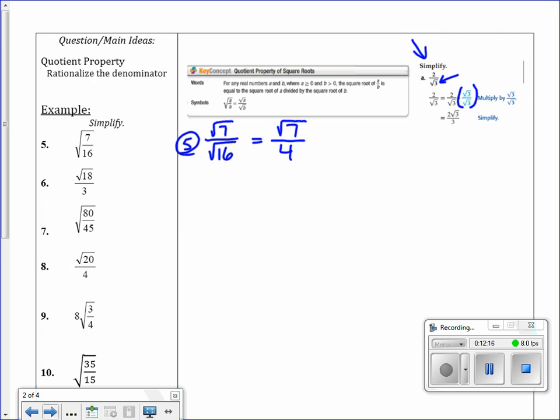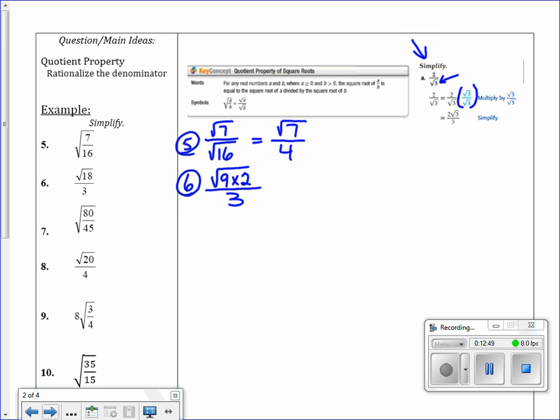For number 6, we have the square root of 18 over 3. So we're just kicking it up a little notch here, and we can look at this and say, okay, let's break that 18, just like in the problems that we did on our first page. Let's go ahead and break that up, and I'm going to say the square root of 9 times 2 all over 3.